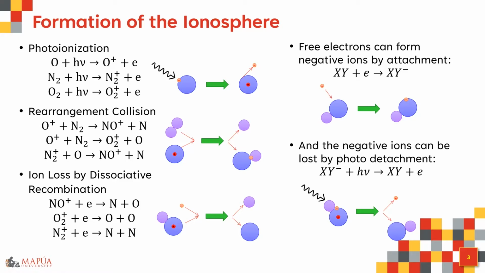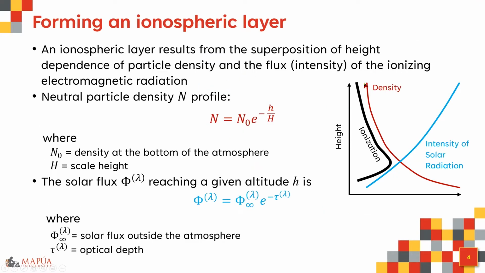These are the chemical processes. We know that the density of neutral atoms, molecules, or gases required to form the charged particles in the ionosphere varies with height and varies with time. As you go up in the atmosphere, the density of these neutral gas molecules decreases.